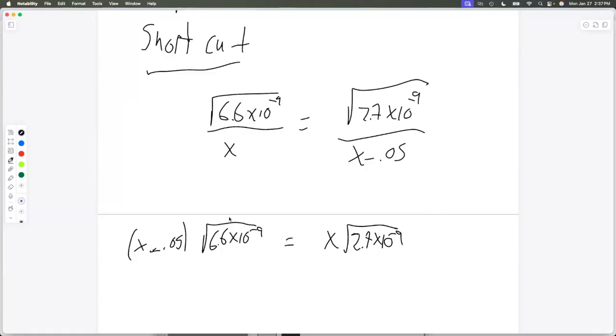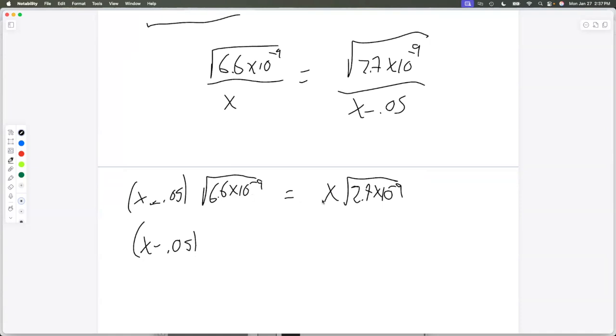I could go ahead and, this actually might make my life a little easier if I go ahead and divide this guy over. I could just distribute over here, collect all the x's to one side, but I think it's going to make my life easier if I go ahead and divide this over. Then I can put it under one radical.